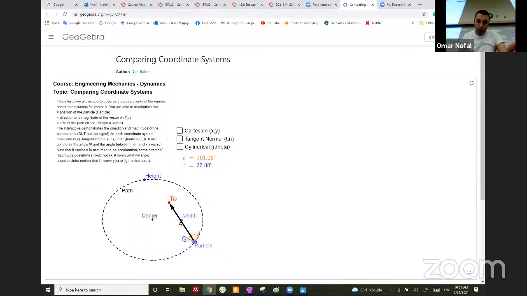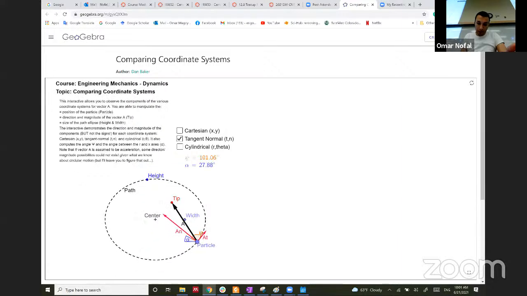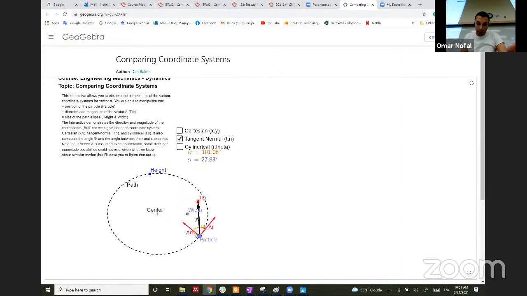So if we remove the Cartesian and look at the tangent normal, the tangent is always tangent to the curve, as you can see here. It's always tangent, whatever your vector looks like. And the normal is always in the direction of the radius of curvature. So if I move this point, you will see the direction is always toward the center of curvature, which might be here.